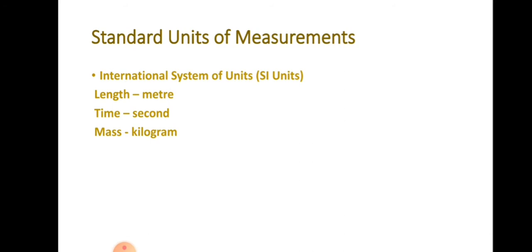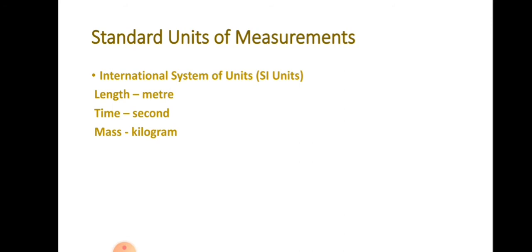In this SI system they have derived some measurements. We shall compare any measurement with this fixed measurement, because this is a known quantity and we can compare the unknown quantity with this known quantity.